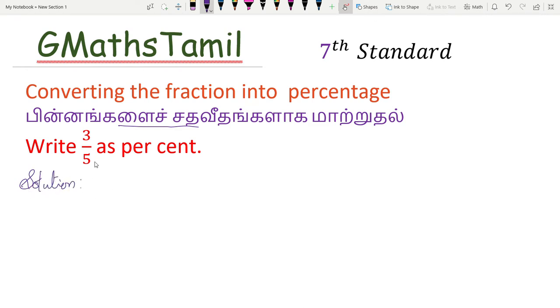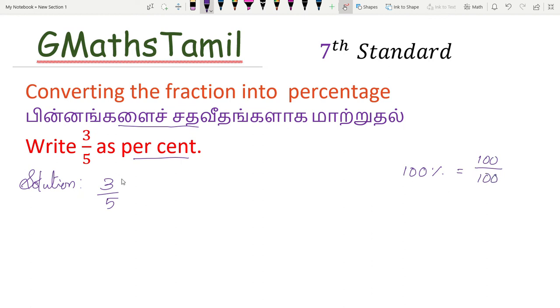Here we have a fraction, that is 3/5. We have to convert 3/5 into percent. How to convert? Already we know 100 percentage. How will you write 100 percentage in fraction form? 100/100, isn't it?